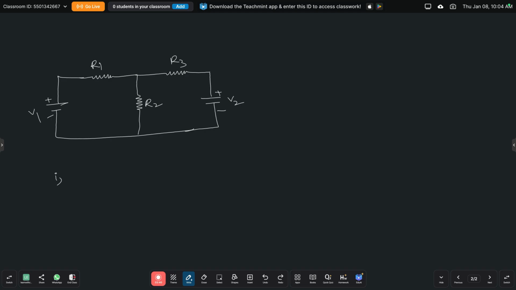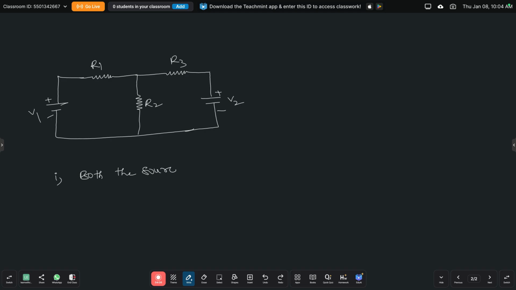We already discussed that to apply the superposition theorem, the circuit must consist of two or more sources. Here V1 is source 1, V2 is source 2. Not only voltage sources: two or more sources means two voltage sources, or two current sources, or one voltage source and one current source, whatever it is, the circuit must consist of two or more sources.